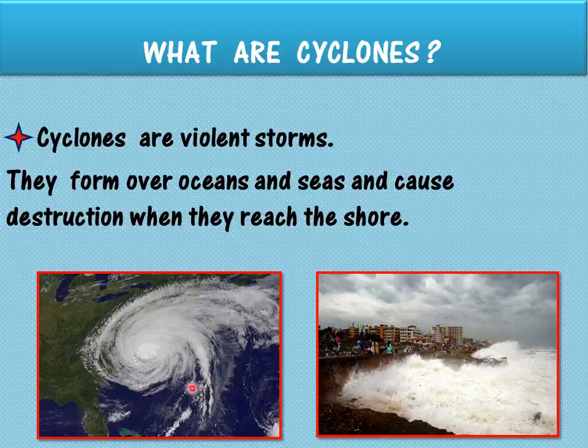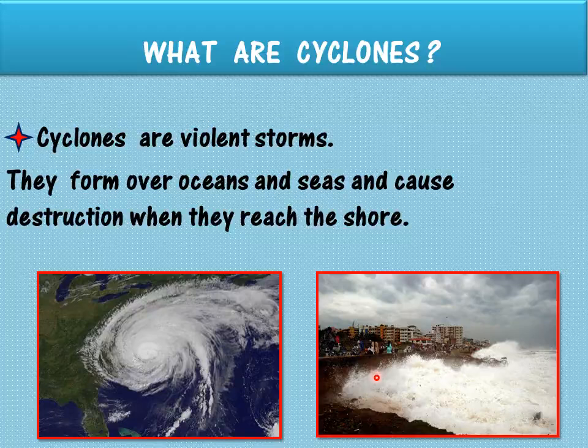What are we seeing, children, in the picture? We see a round circle has formed on the ocean surface, and a big splash of water is moving very fast towards the shore. Yes, very good, children. You observed, no?